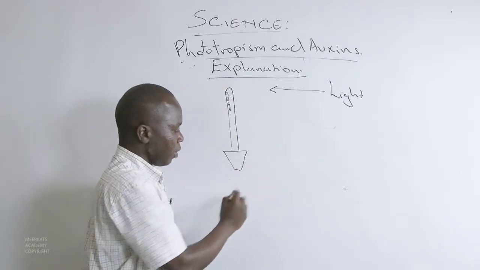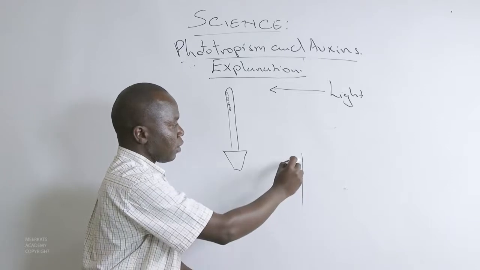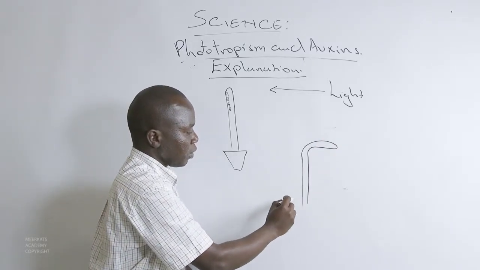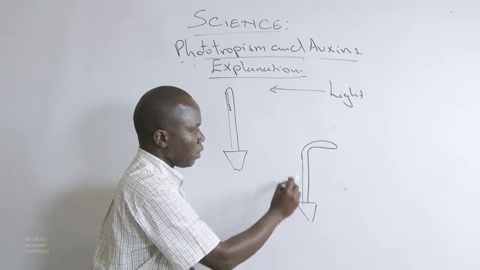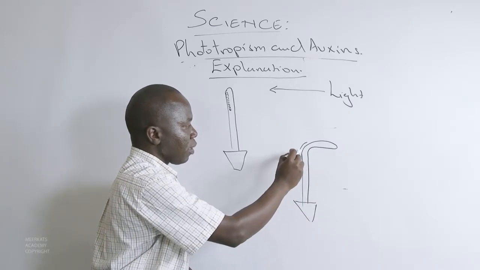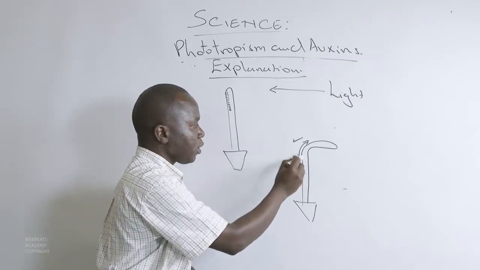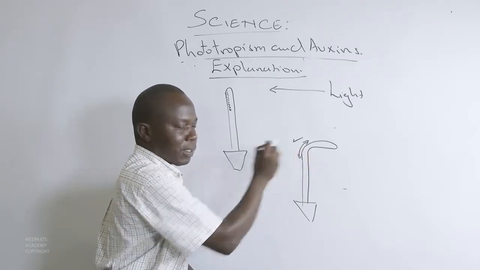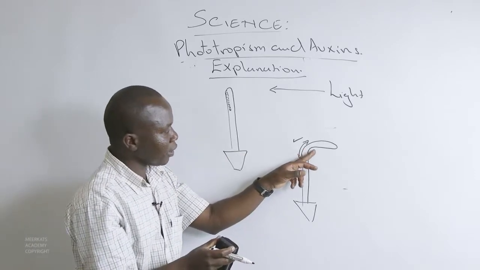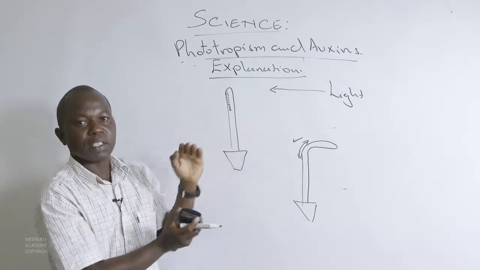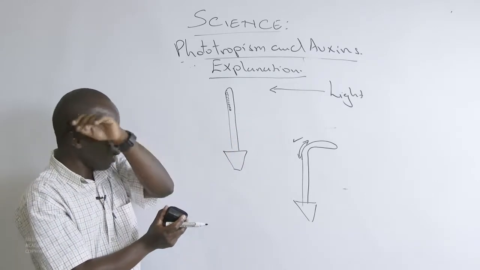So in the end, you're going to have this kind of response. Because there was high cell elongation at this point, and here we had a lower rate of cell elongation. So in the process, it bends toward light.